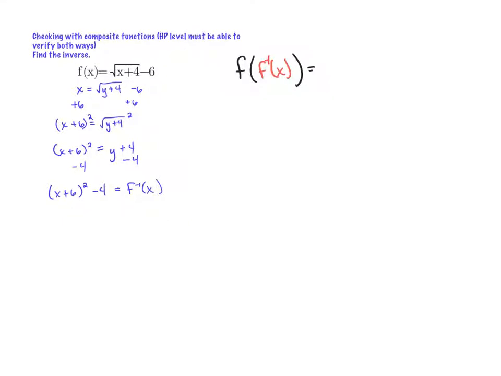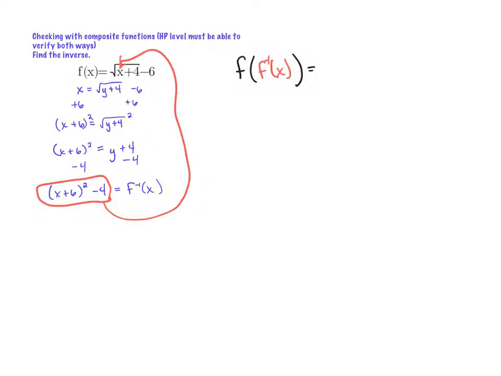So think about it this way. If I have just, say, f of 2, that means I'm going to plug 2 into my equation for x. So what this f of f negative 1 of x is telling me is that I'm going to take my entire inverse, this whole thing, and put it in for x in my original function.